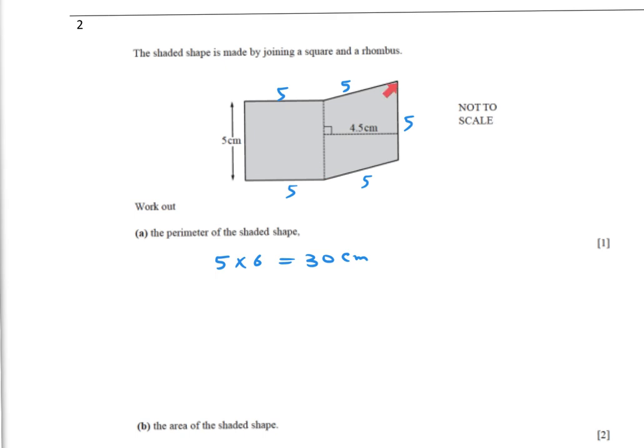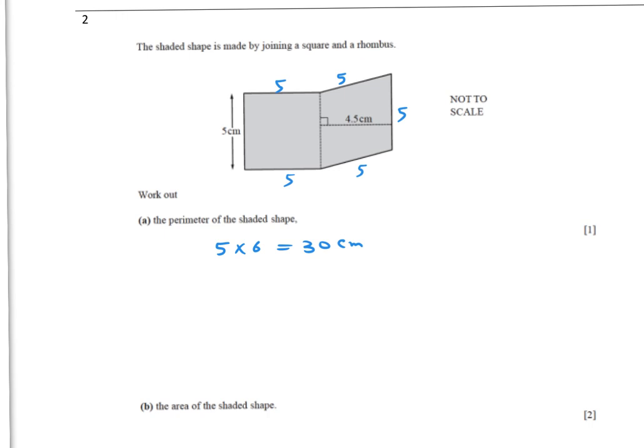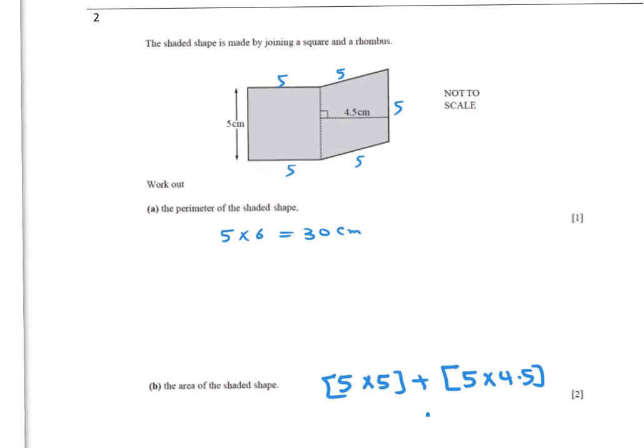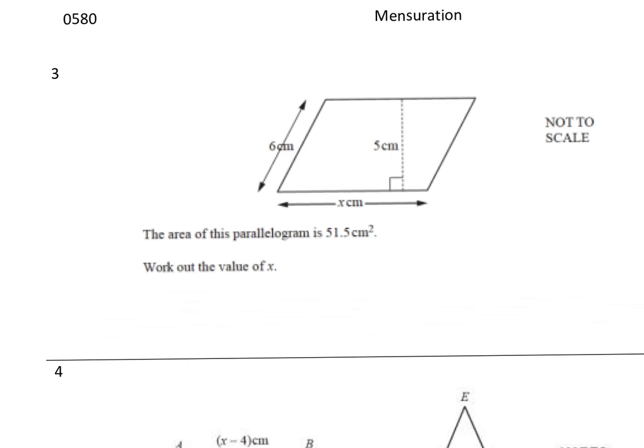So 5 times 4.5. Area of square, side by side, or 5 times 5. So the area for both: area of square 5 times 5, plus area of the rhombus, base times height, 5 times 4.5. Now add them. It's 47.5.